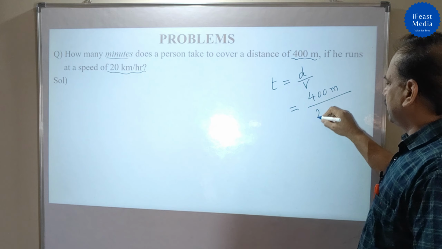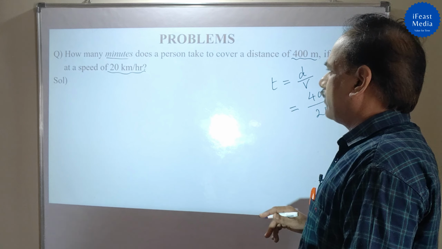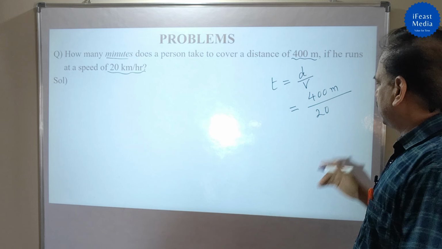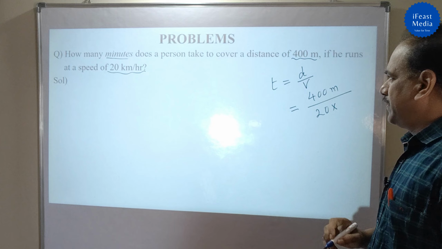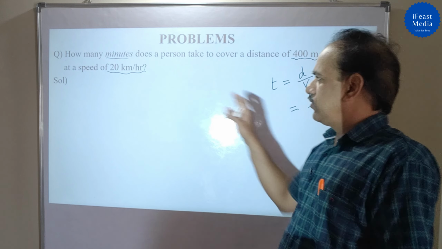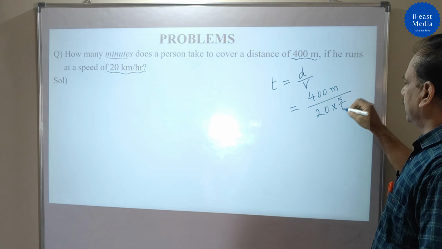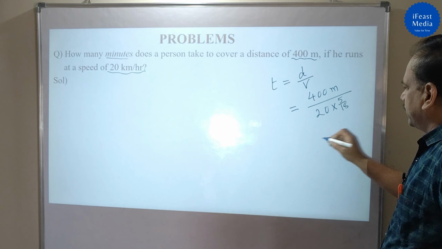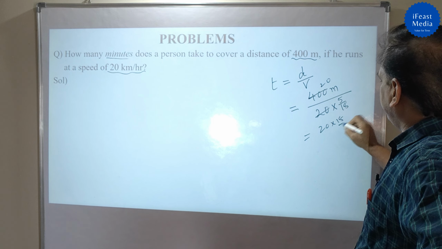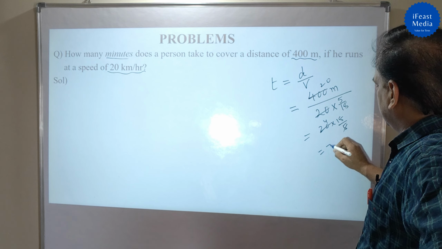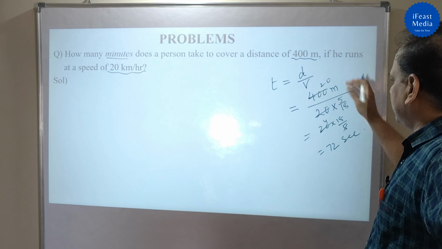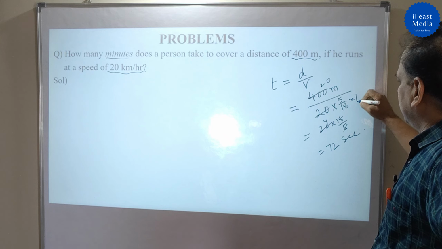Because the speed is in kmph, we have to convert this into meters per second, because the numerator distance is in meters. From kmph to meters per second, higher to lower, multiply a quantity less than 1. That is 5 by 18. So, here 400 into 18 by 5 by 20, that is 72 seconds, because this is meters per second.